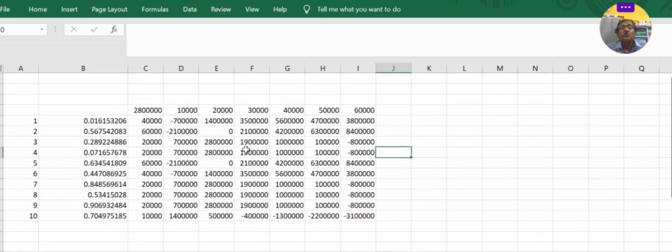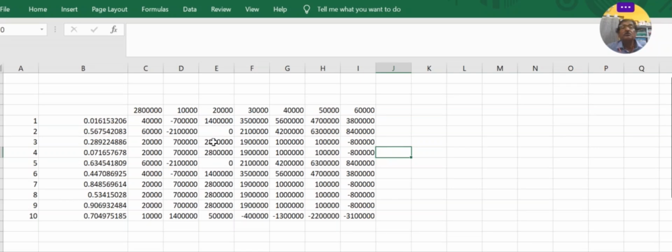You see 20,000 is the production, another 20,000 is the demand, 28 lakhs is the profit. Again 28 lakhs is the profit. Now I am going to show the demand is 10,000 and 20,000 production, the profit will be 5 lakhs.